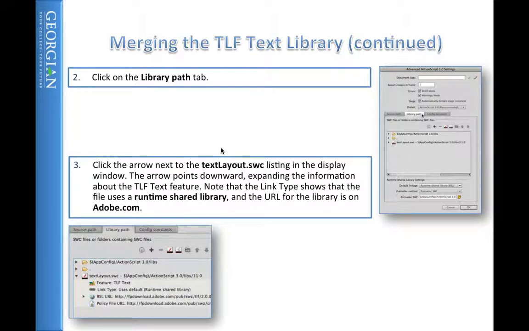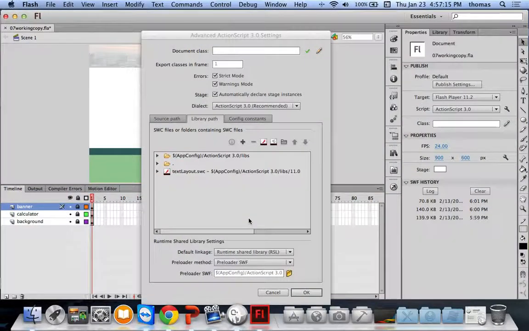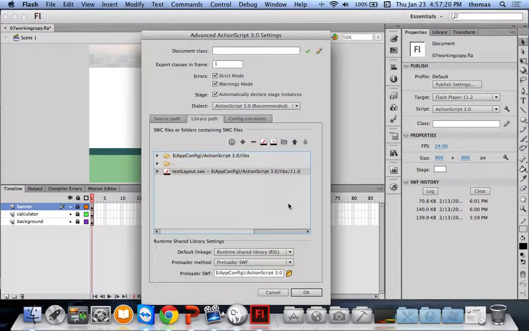We want to look at textLayout.swc, and that's the runtime shared library for the text. There's two modes you can use. Here is the text layout. You can use it as a runtime shared library, or you can do merged into code. Right now we're going to leave it at runtime shared library.